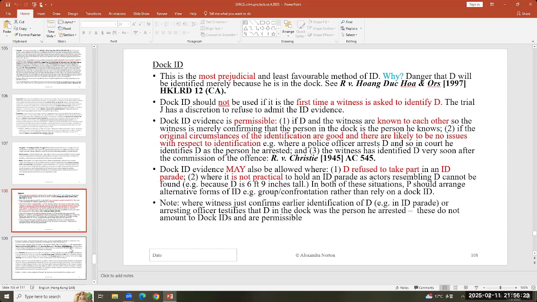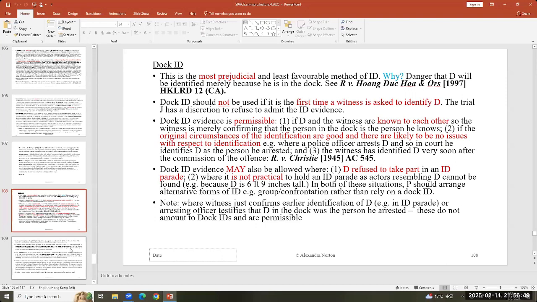On the other hand, a dock ID is permissible if the witness and the defendant are known to each other. Like I said, my mother doesn't have to pick me out of an ID parade, but she could be asked in court for the first time whether the person sitting in the dock is her daughter, because she knows me. There's no issue of identification. Or the police officer who arrested the defendant can in the dock say, yes, that's the person I arrested.